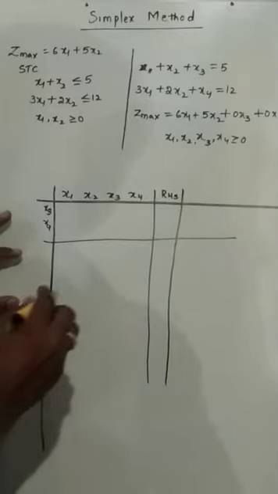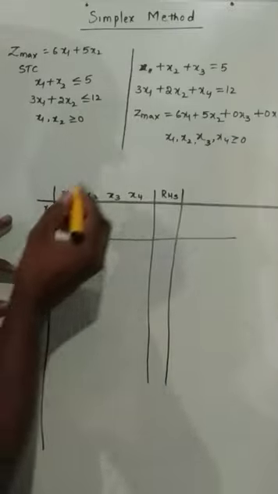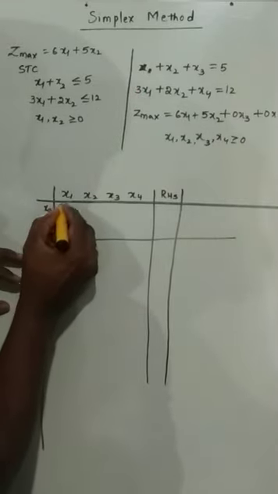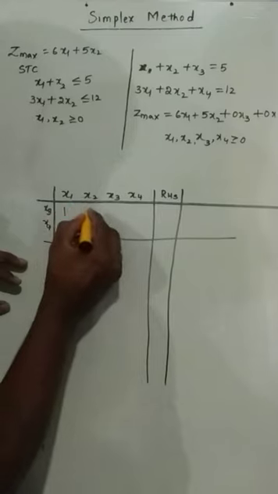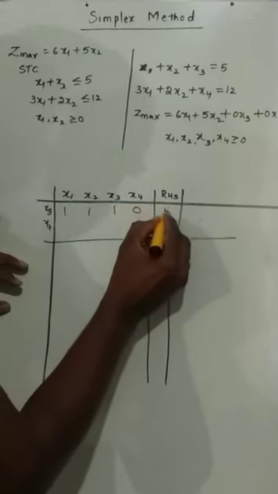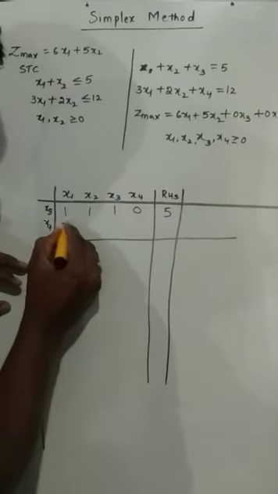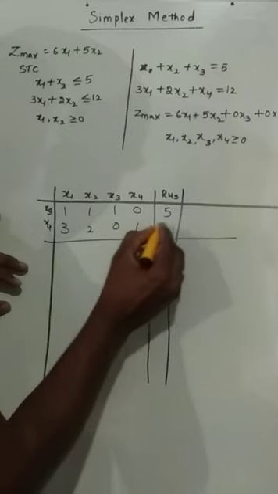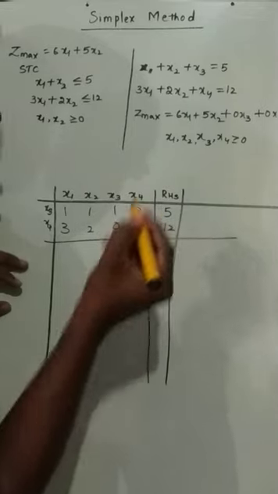Now I'll write the coefficients of these equations inside the table. The first equation coefficients: x1 is 1, x2 is 1, x3 is 1 and x4 is not there, RHS is 5. In the same manner we have 3, 2 and also 0, 1, RHS is equal to 12.